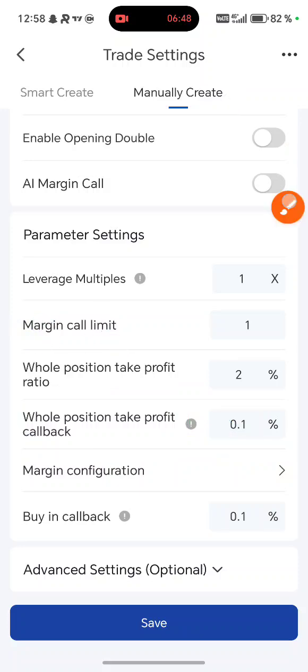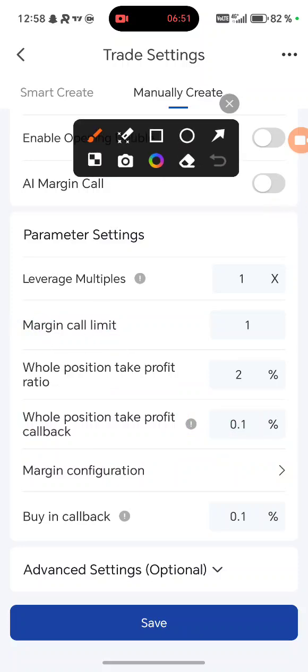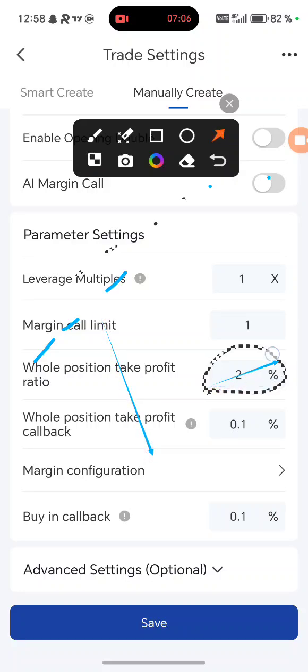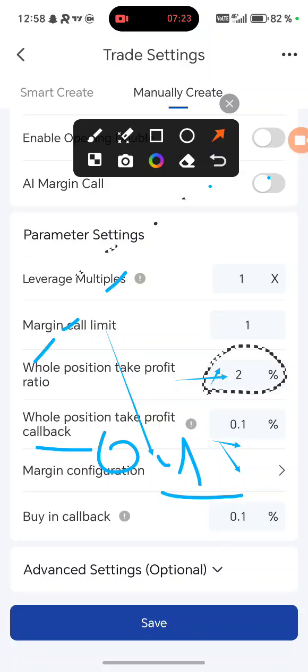So it means sometimes if the coin is going up and it really hits the 2% without doing any extra profit up, then if the robot wants to sell, it will wait for it to start dropping down from that 2% to negative 0.1 before the robot will sell. So if it drops down to negative 0.1, the robot will deduct this 0.1 from the 2% before giving you the profit.